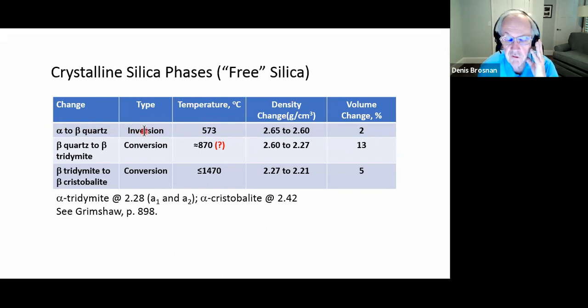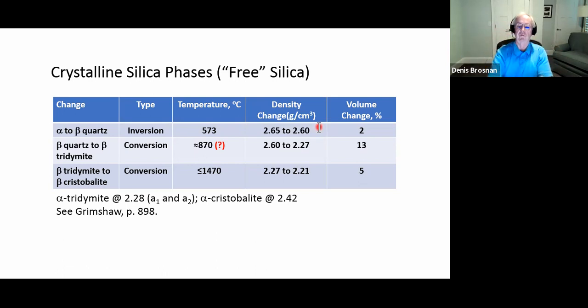On heating, quartz changes its crystal structure very slightly at 573 degrees Celsius. That's called an inversion. And it actually expands a bit. And so the density goes from 2.65 to 2.60 at 573 degrees C. And that's a volume change of about 2%.